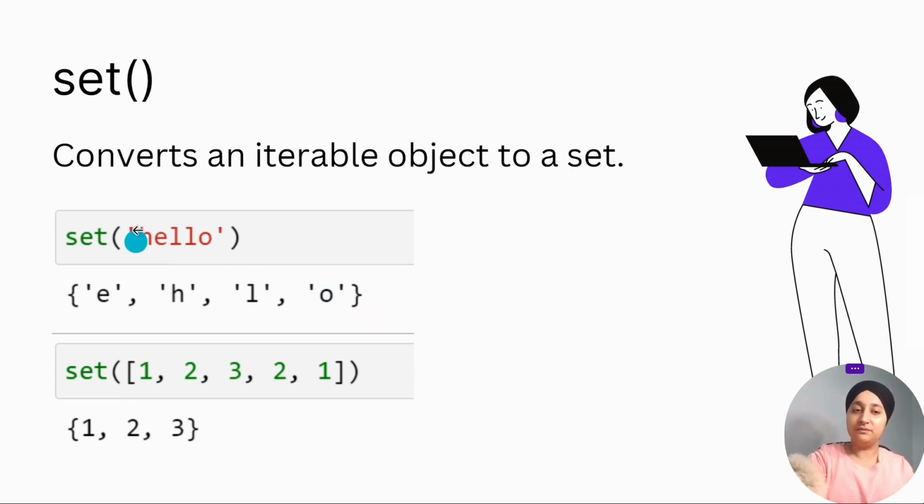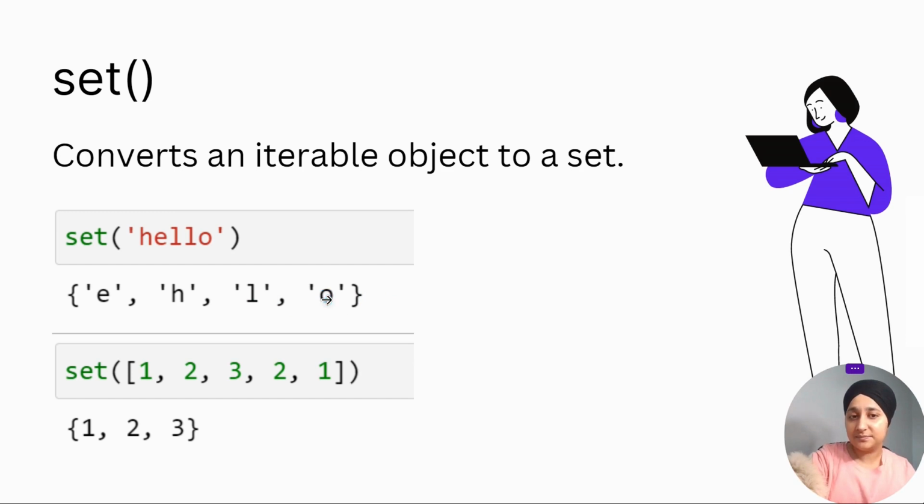Set converts an iterable object to set. Here again we are passing an iterable object, a string first. This string is converted to set, and a set has every element within curly braces. Like tuple has parentheses, list has square brackets, and set has curly braces like this.